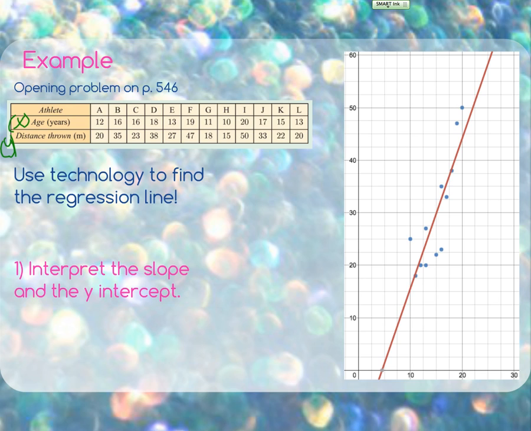I'll give you some time to figure out which technology you're going to use. I want you to find that line. This is what we did yesterday. It's really important that you figure out what you're going to be using so that you can feel confident on the test, because the expectation on much of it is that you use technology.